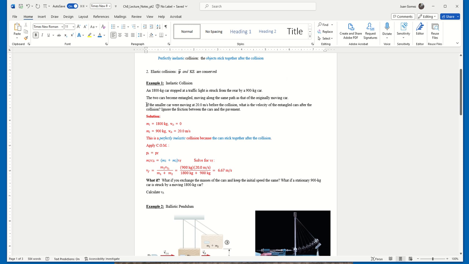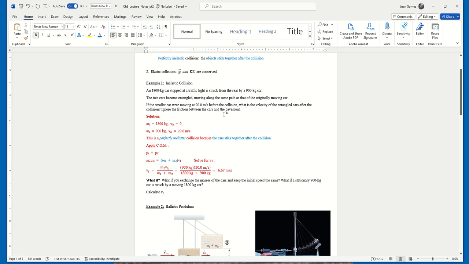If the smaller car, i.e. the 900 kilogram car that rear-ends the car at the traffic light, was moving at 20 meters per second before the collision, what is the velocity of the entangled cars after the collision?